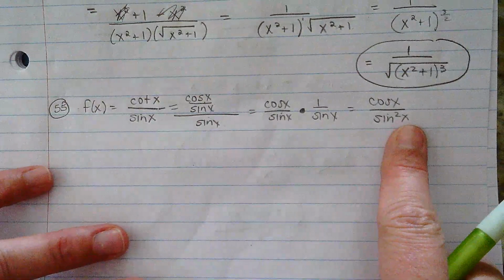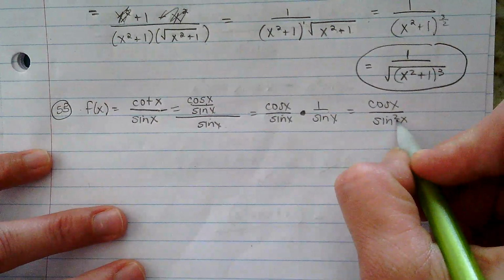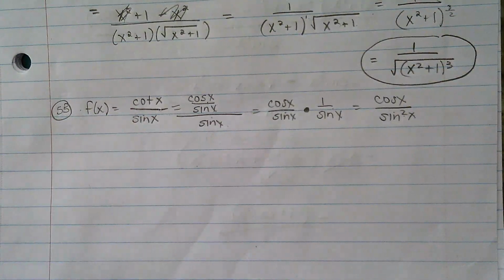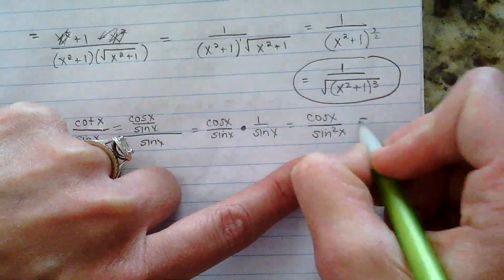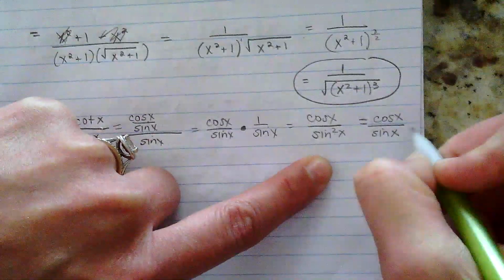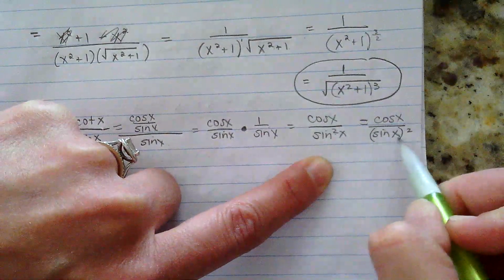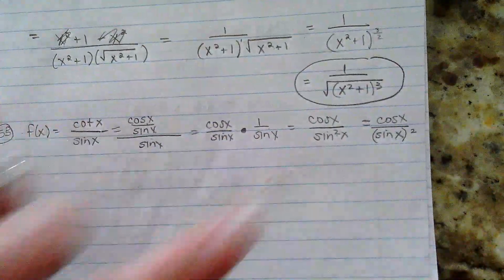So one thing on sine squared x, as mathematicians, we put the squared in there, even though you really take the sine of x value first in its entirety and then square the whole thing. This does mean the same thing as cosine x over sine x squared. But if we write it that way, we have to keep sine x in parentheses. Otherwise, it looks like just the x's squared.